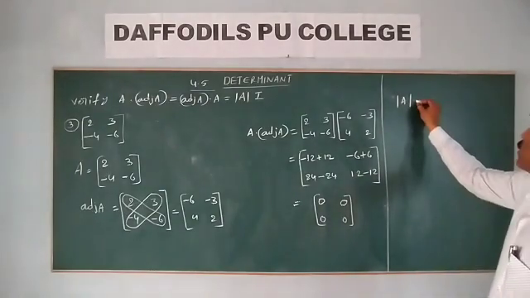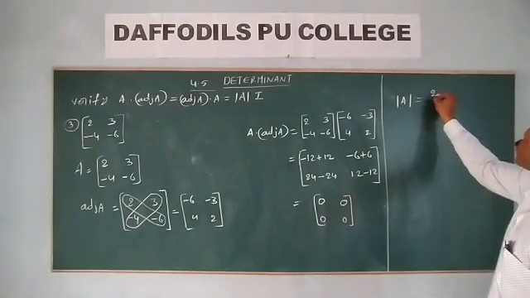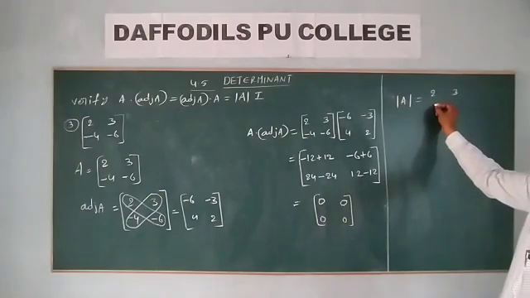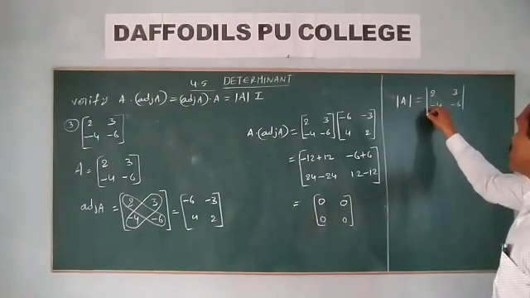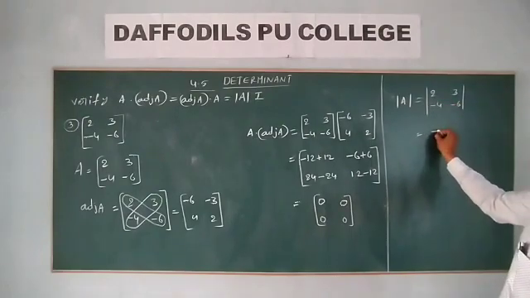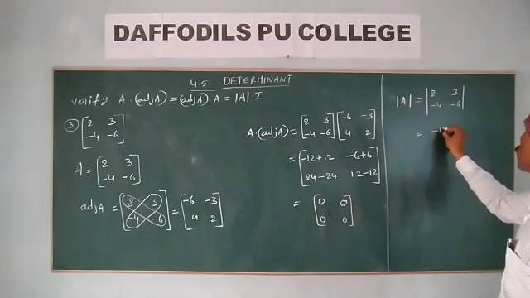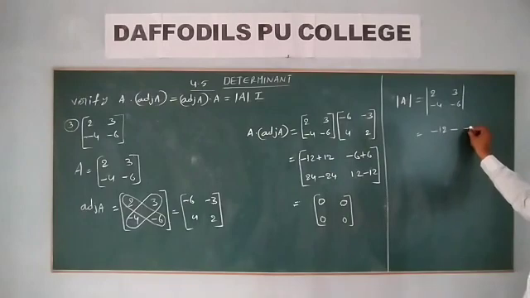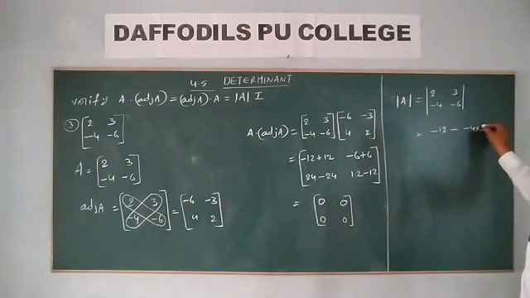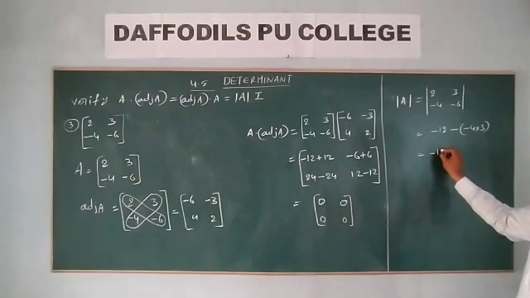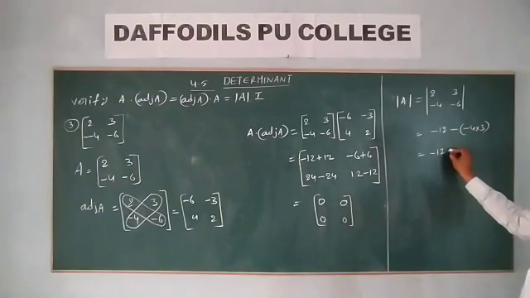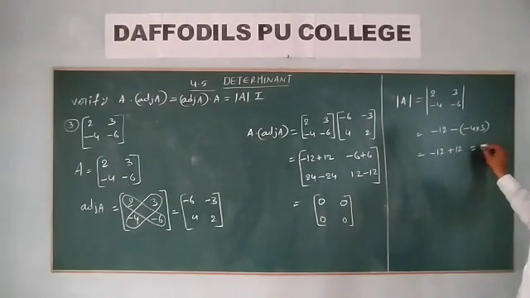Determinant of A is equal to 2, 3, minus 4, minus 6, so it is minus 12 minus minus 4 into 3, that implies minus 12 plus 12 is equal to 0.